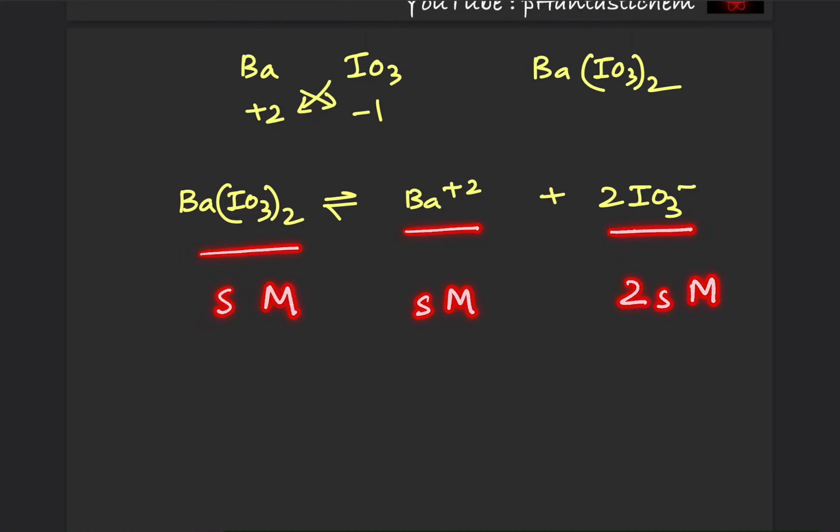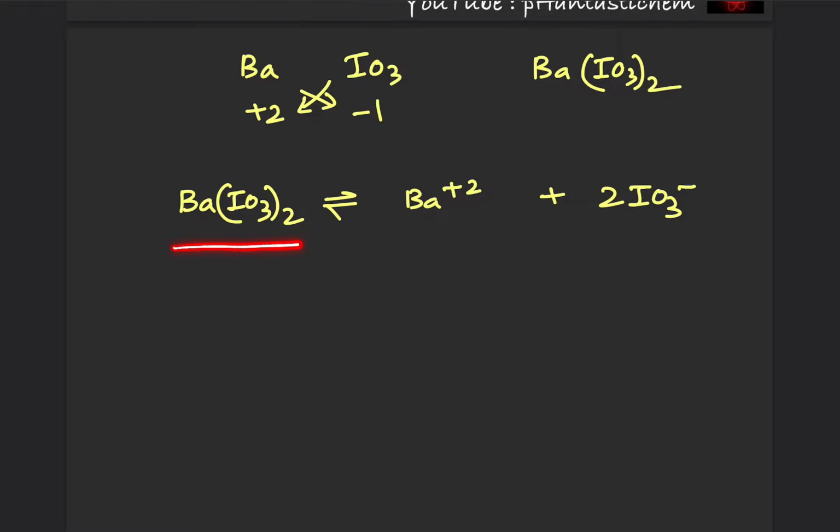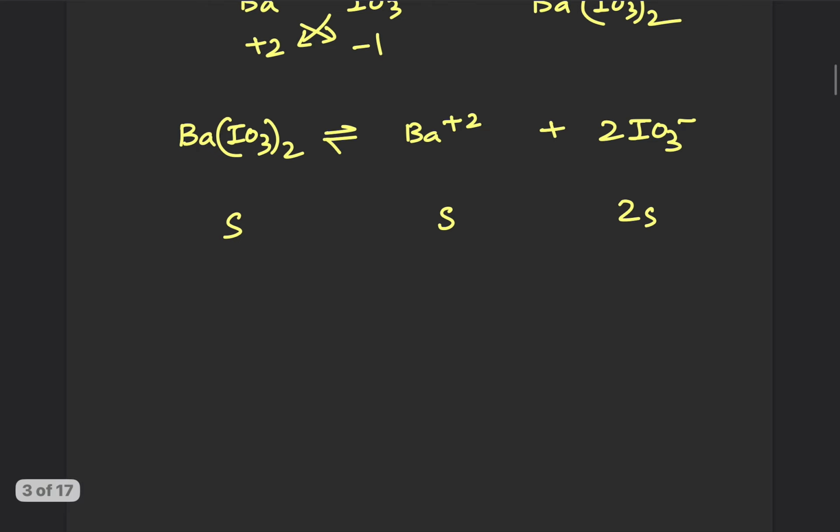That is due to stoichiometry, because each Ba(IO3)2 produces one Ba2+ and 2 IO3-.